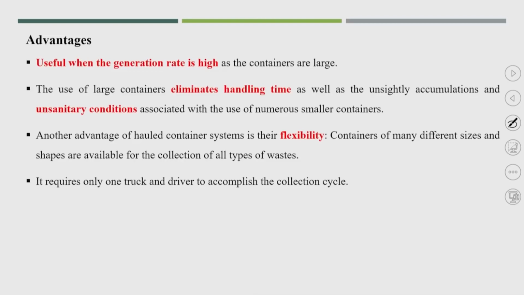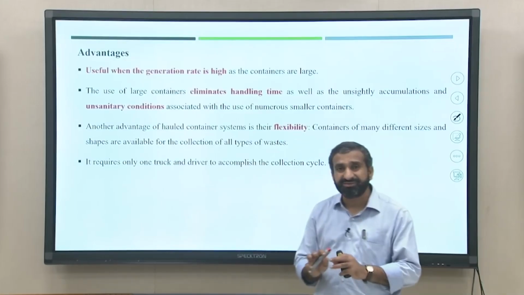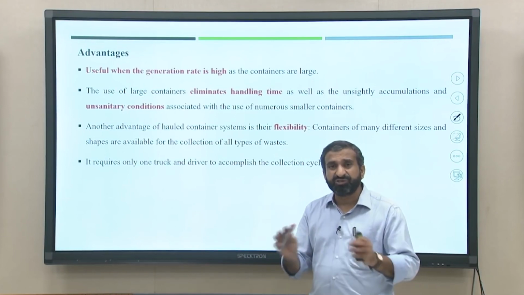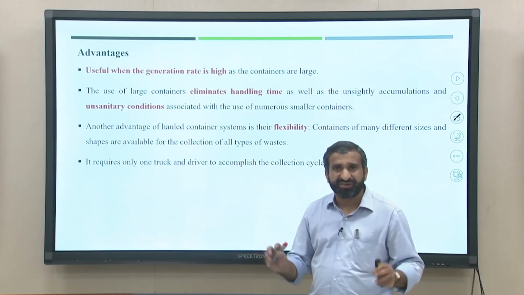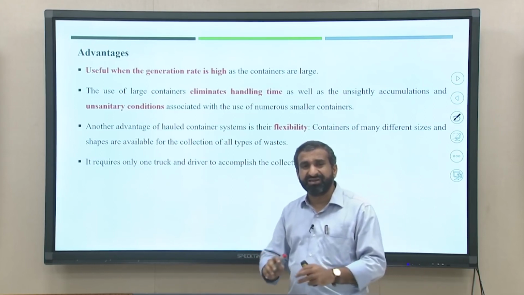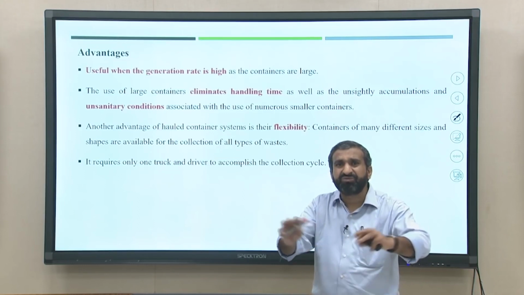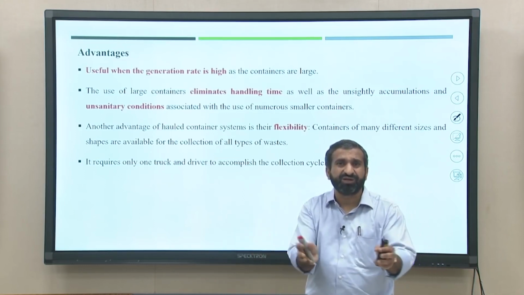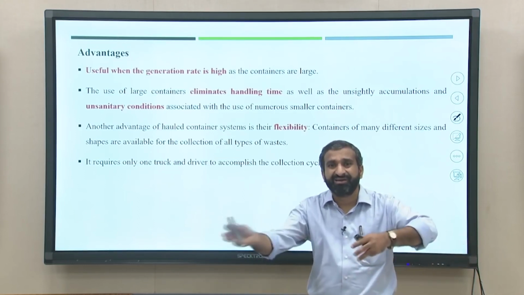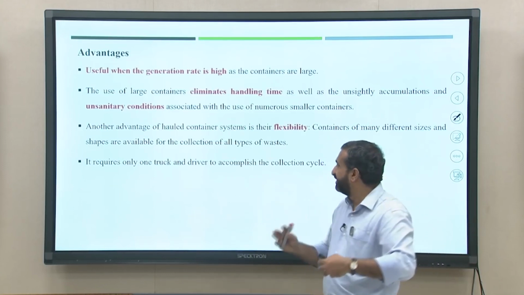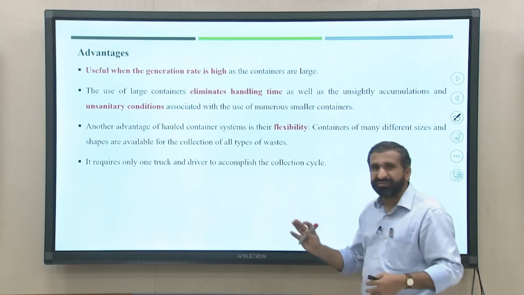Another advantage of these haul container systems is that if you are going for stationary container locations, obviously you can't use bigger size containers. So, you will have a number of locations, and these locations tend to be very nearby, so that will not be much beneficial.